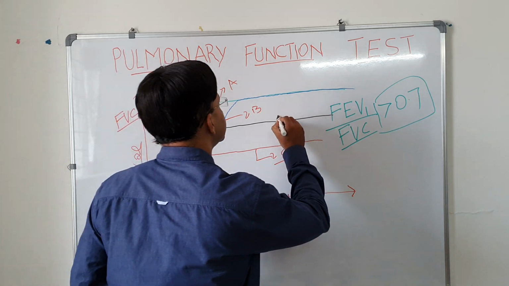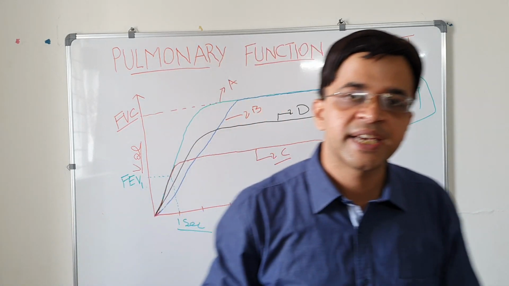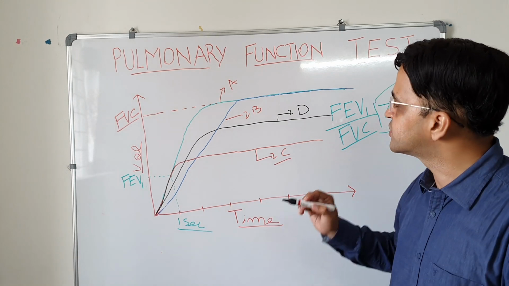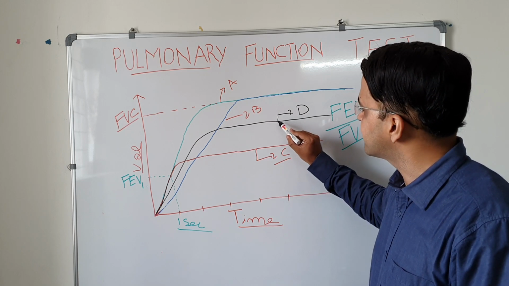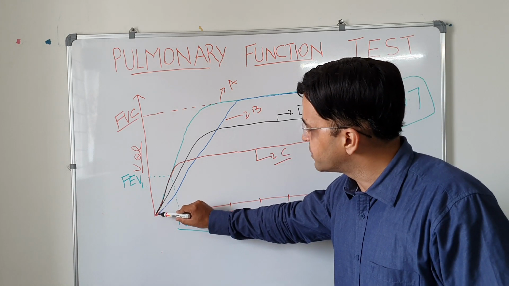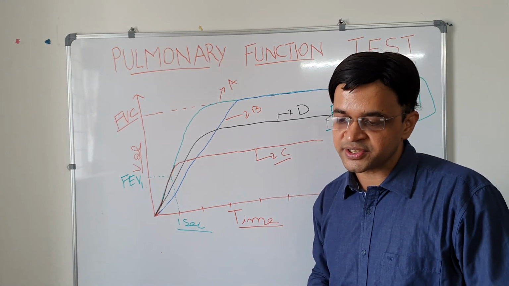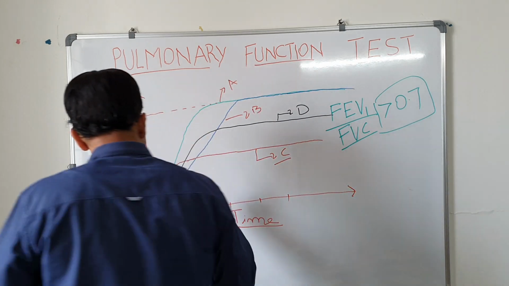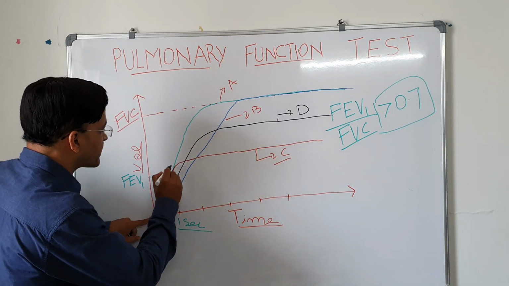So this D represents severe obstructive airway disease. So in case of severe obstructive airway disease, we are going to have a combination of obstructive and restrictive lung disease.